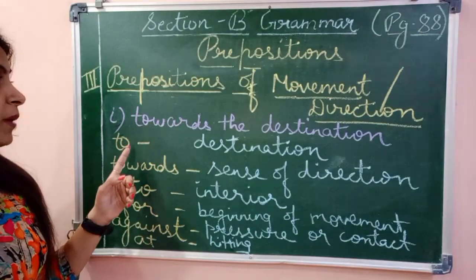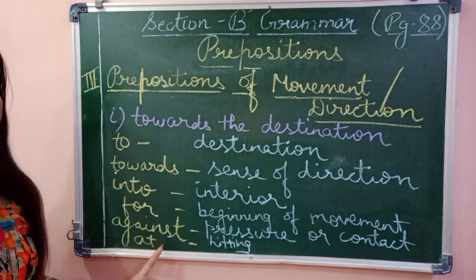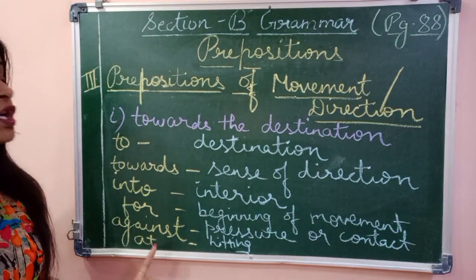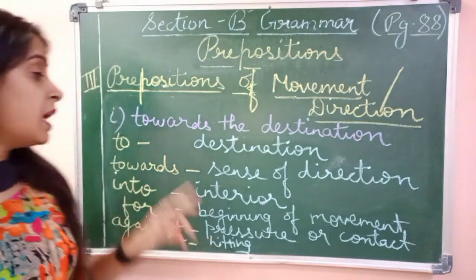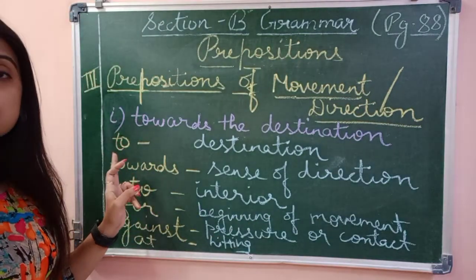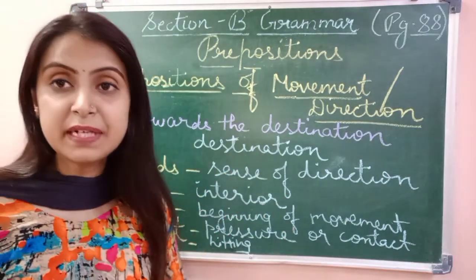Okay, so the prepositions like to, towards, into, for, against and at are used to show the movement towards the destination. Fine. Now, to. Preposition to is used when somebody has to go to a particular destination.